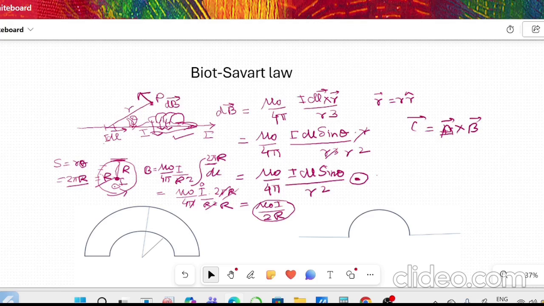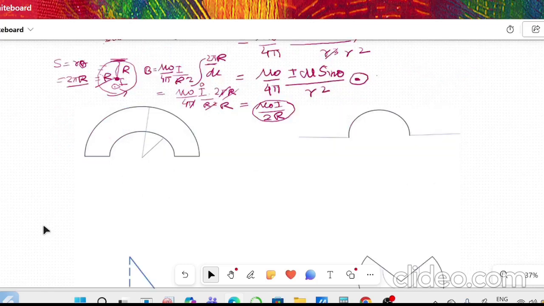So now the special case I am taking here is a different type of configuration. As you see here, there are two circles joined by two sections. Now, if you consider the current direction like this, here it's also I, but here it's moving in the opposite direction.